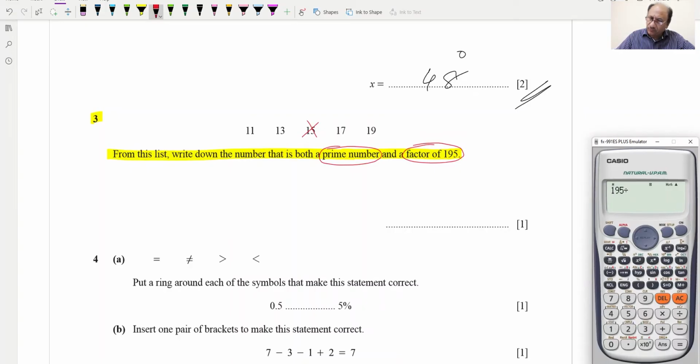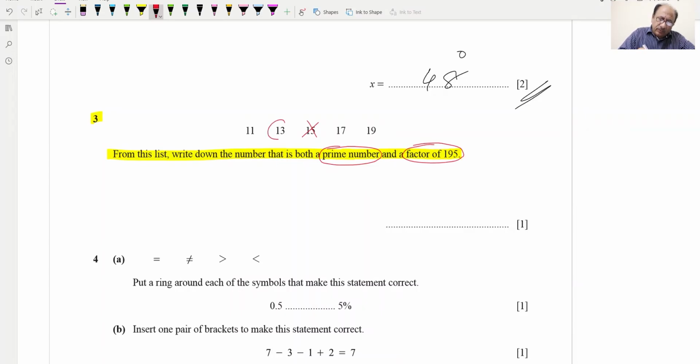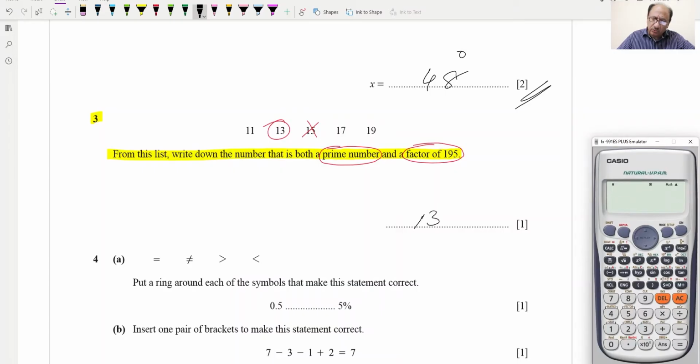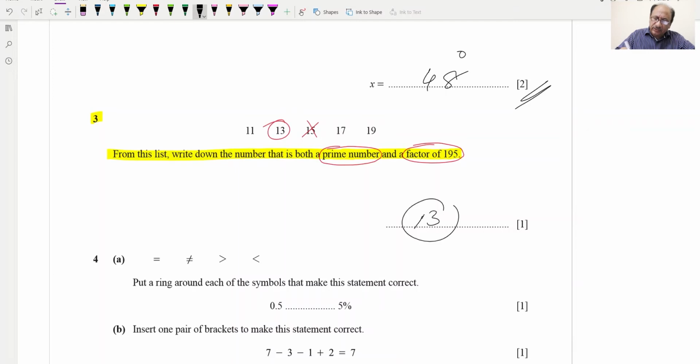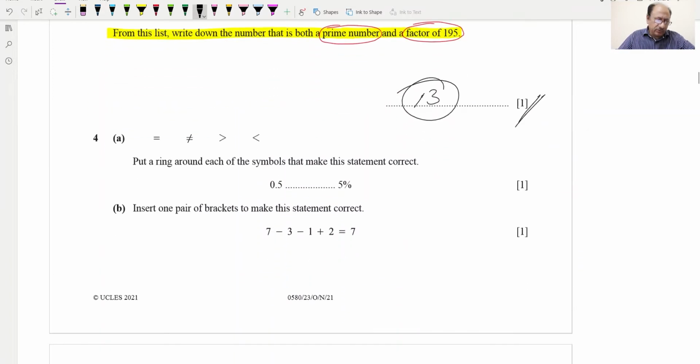We will check for 11, and this is giving us a decimal value, so we will ignore this one. 195 divided by 13 is equal to 15. So 13 is basically a factor of 195, so our answer will be 13. We can double check the other numbers also. 195 divided by 17 is also a decimal value, and 195 divided by 19 is also a decimal value. So only 13 will be the factor. So this is 1 more question which we are done.